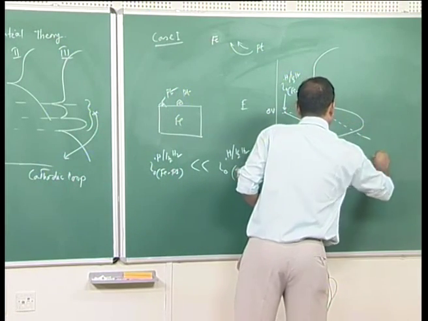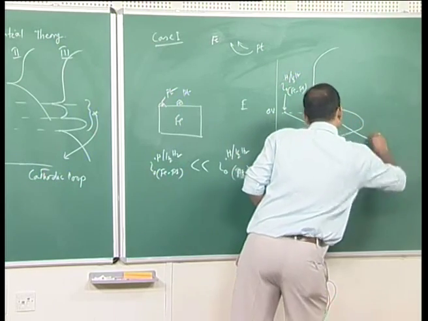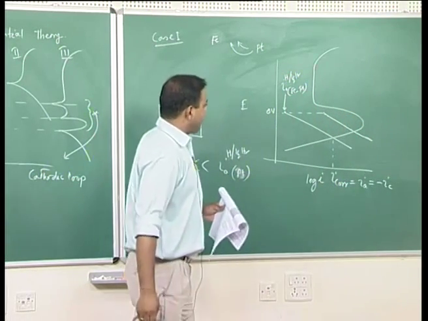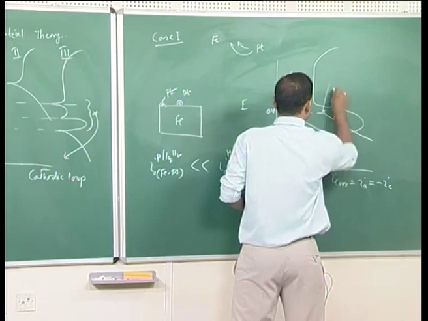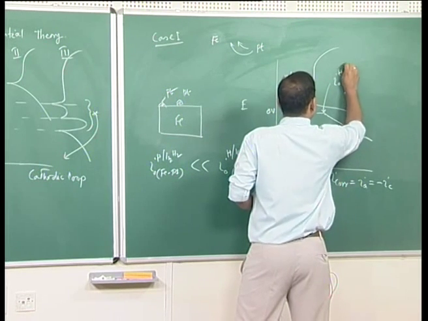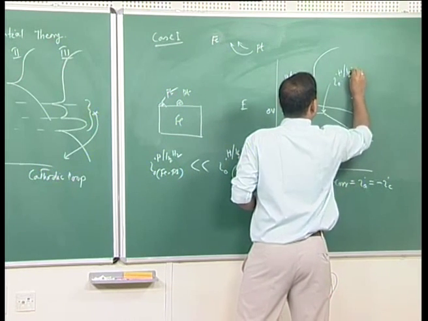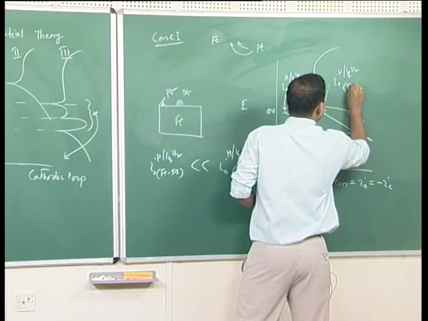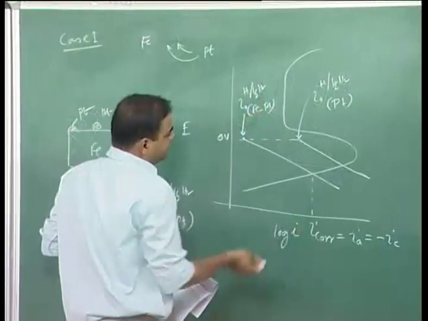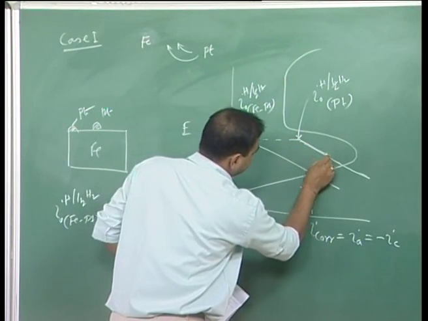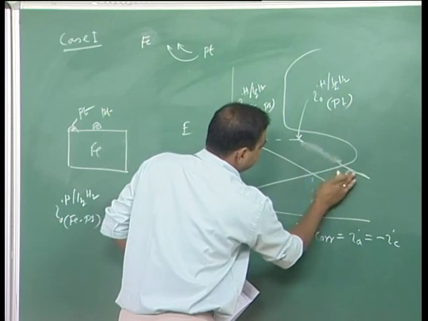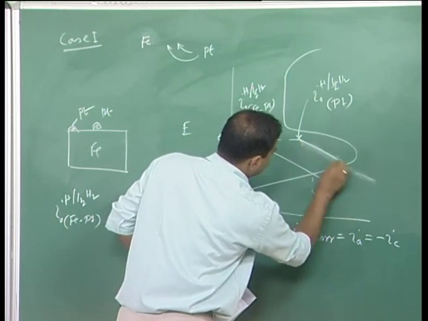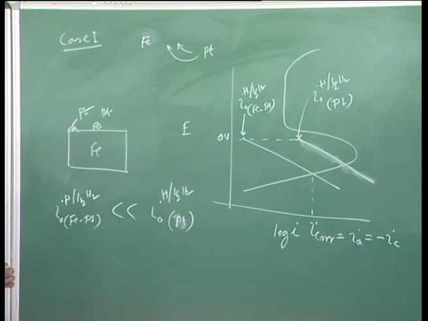So, this is my cathodic reaction rate on platinum, this is my I0 H half H2 on platinum surface, and this line gives me the cathodic reaction rate on platinum.